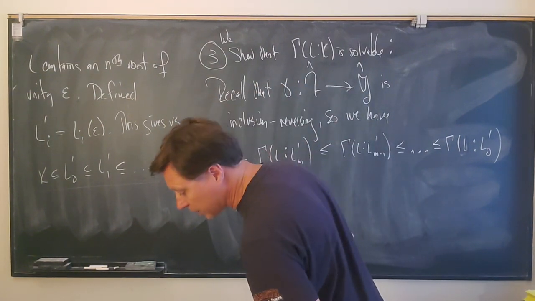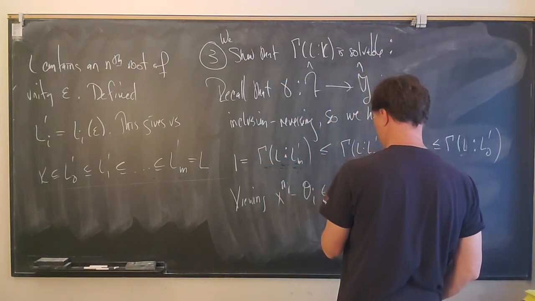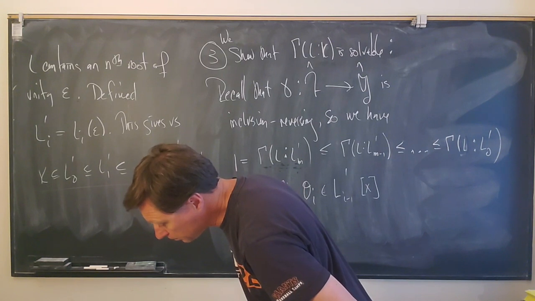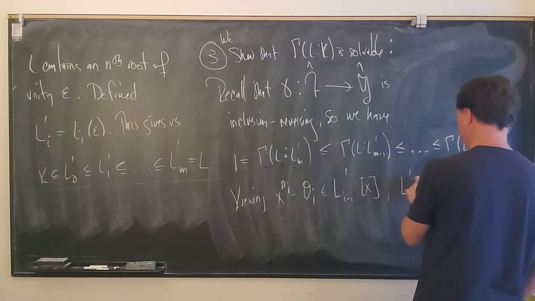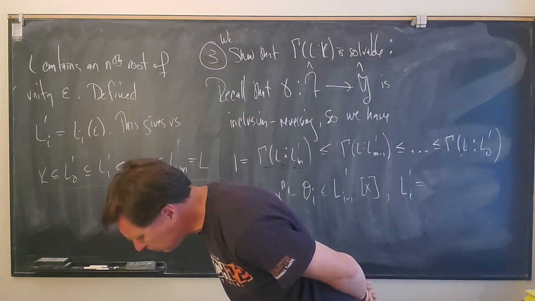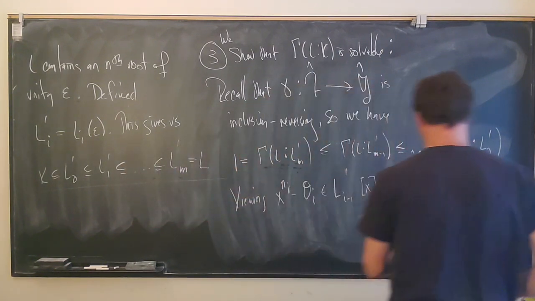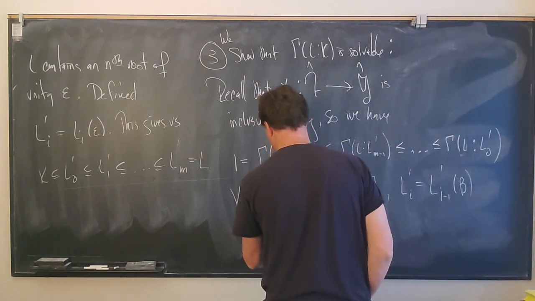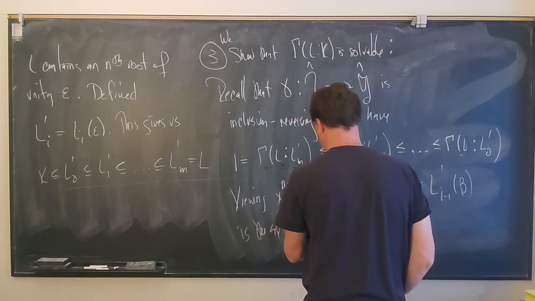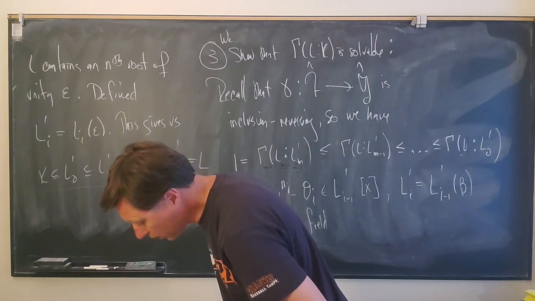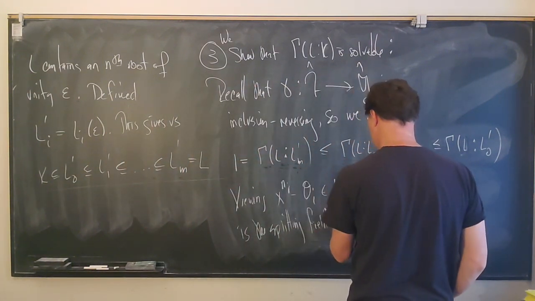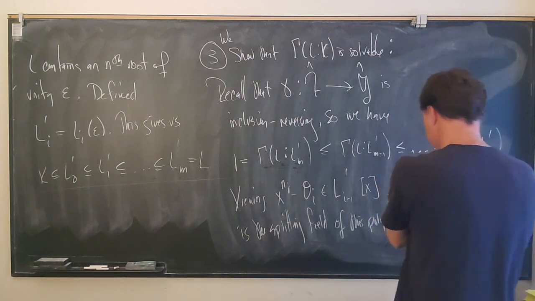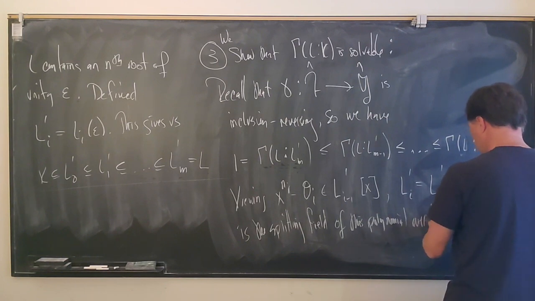So viewing that as a polynomial in L sub i minus 1 prime bracket x, L sub i prime, which equals L sub i minus 1 prime adjoin beta, is the splitting field of this polynomial over L sub i minus 1 prime.